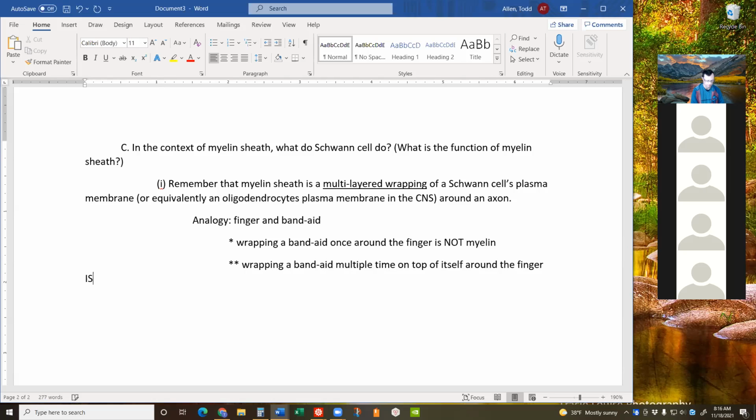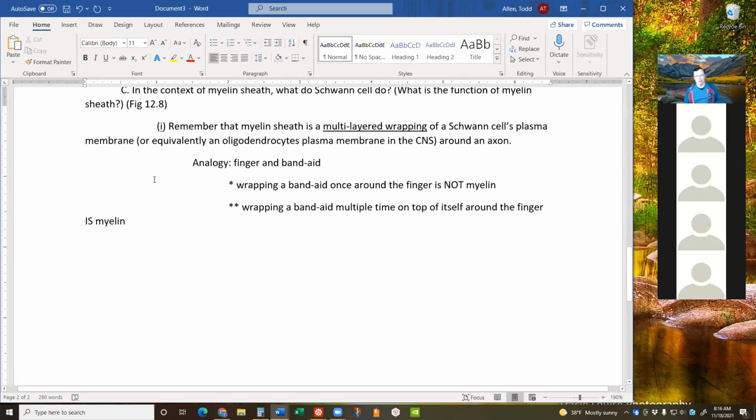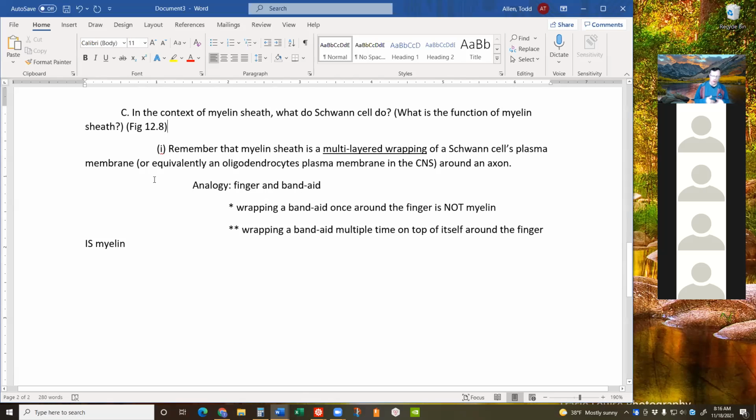Okay. So let's see. I'm going to reference figure 12.8 here as we talk about this. I know that's a little bit wordy, but I hope you're getting what I'm saying here. If you have multiple layers of a cell wrapped on top of itself many times, that's myelin sheath. But if you only have one layer and it doesn't overlap itself, that's technically not myelin sheath.